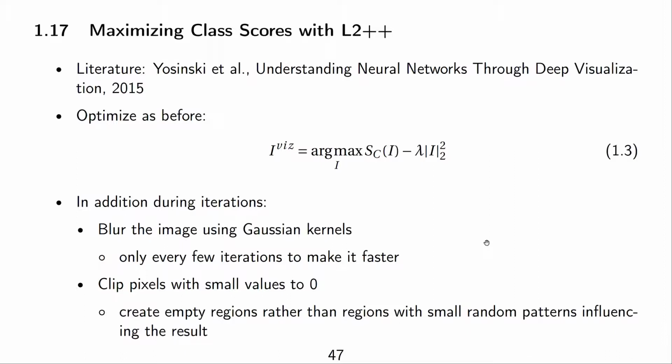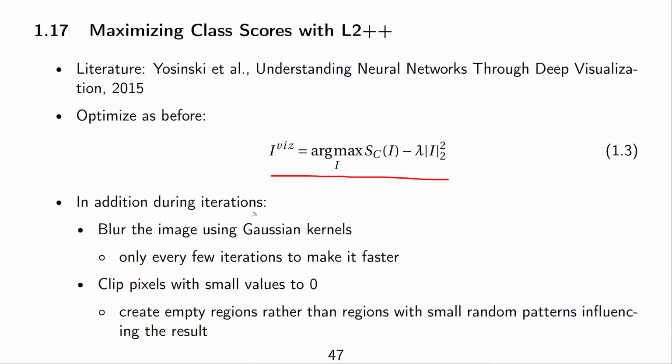But maybe this L2 regularizer by itself wasn't enough, so another variation was proposed that does even a bit better. We stay with the same thing as before, but this regularizer we kind of hack into the algorithm by modifying the image between iterations.